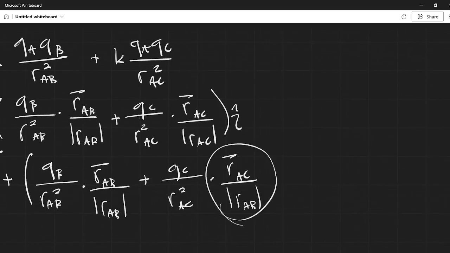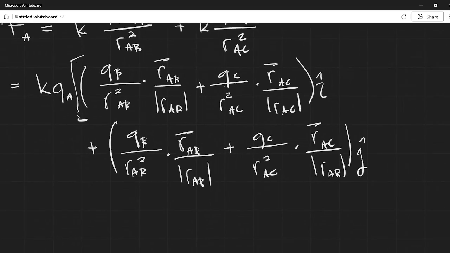So these unit vectors here are going to tell us the direction that the force is acting. And as we simplify this more, it will become clear. So those are the components in the j direction.